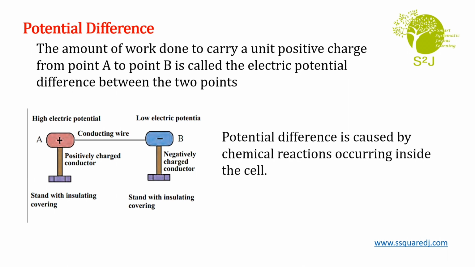Now there is no height difference over here. The difference is created by chemical reactions inside the cell, which allow the flow of electrons from higher potential to lower potential.